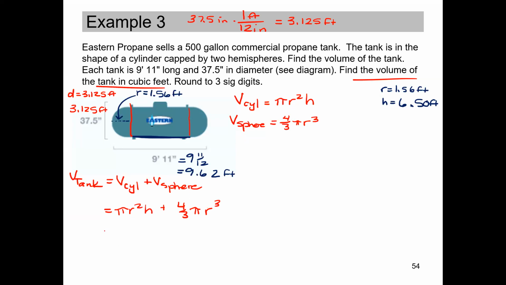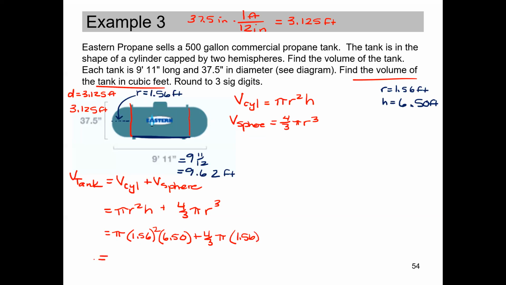So we're good to keep it the way it is. So we'll have pi, the radius being 1.56 feet. I'm going to leave off the units because it's going to get cumbersome. We'll put on the units at the end. So the radius squared and then the height would be 6.50, plus 4/3 pi, and then the radius is 1.56 cubed.